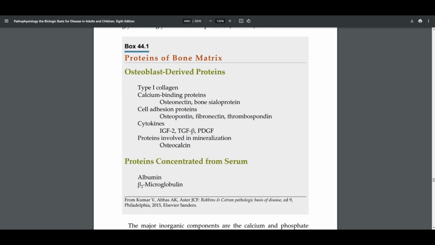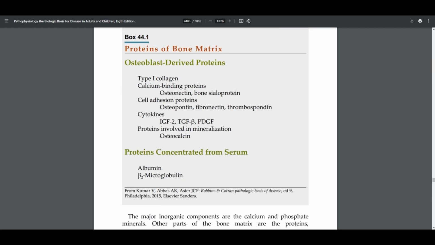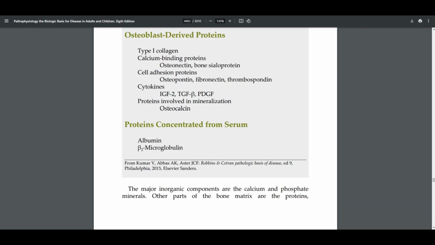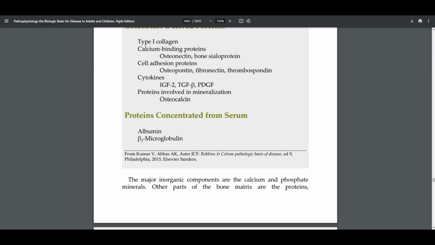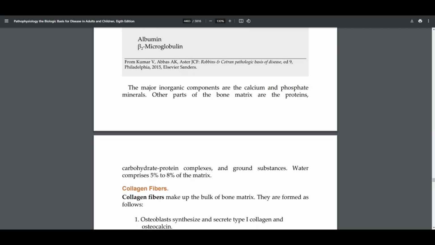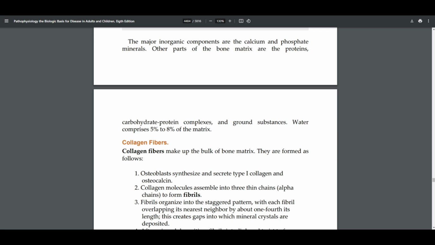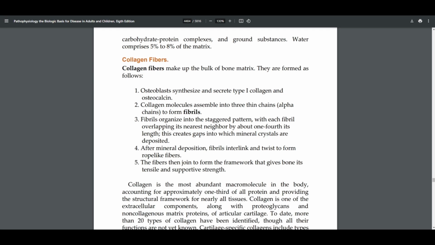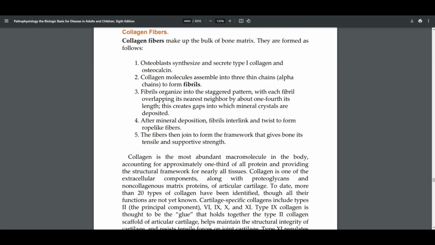So if you want to know everything that is in the bone matrix, read box 44.1, hit that pause button. The major inorganic components are the calcium and phosphate minerals. Other parts of the bone matrix are the proteins, carbohydrate protein complexes, and ground substances. Water comprises 5 to 8% of that matrix as well, leading us to collagen fibers.